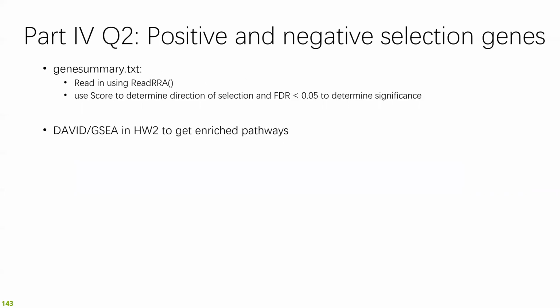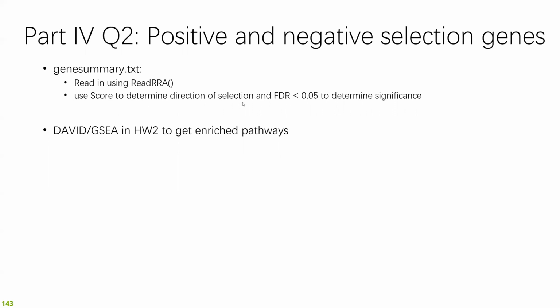And for question 2, we ask you to subset those positively and negatively selected genes and figure out what pathways they are enriched in. So this time, you want to use this gene summary.txt file, and you should read it with a function here, read.table, and it will contain a column for score and another column for FDR.